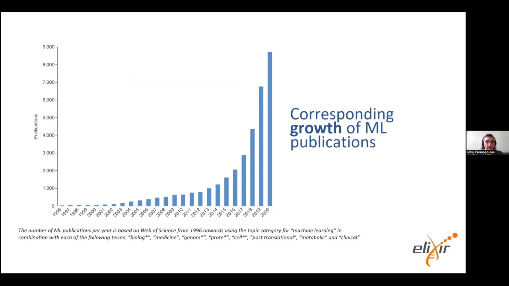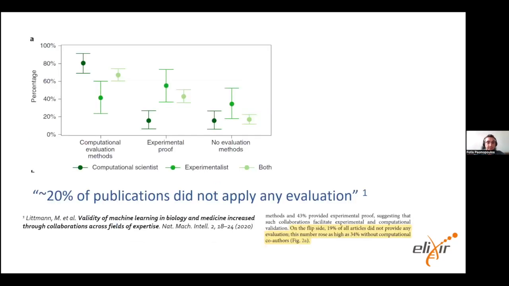This one, although it's not completely up to date, as it goes only up to 2021, is also not complete because it's restricted to some aspects of life sciences. You can see from the query below that this can be easily expanded. But even so, it's quite evident that there is a very significant, exponential increase in publications, and therefore I assume in the use of machine learning.